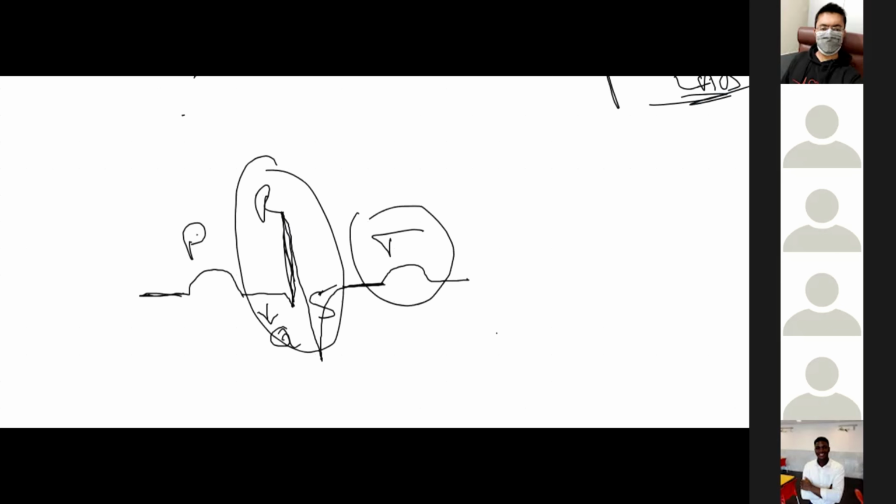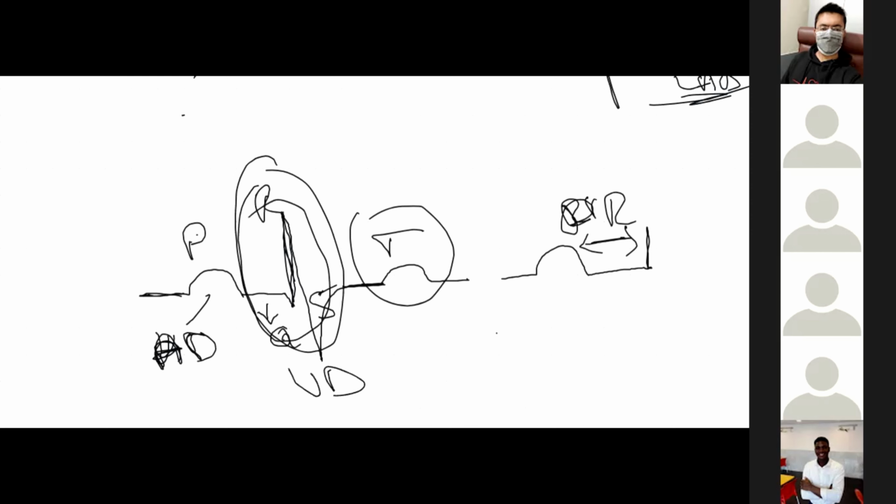So from P wave to R wave, this area is called the PR interval. P wave is atrial depolarization. QRS complex shows ventricular depolarization.